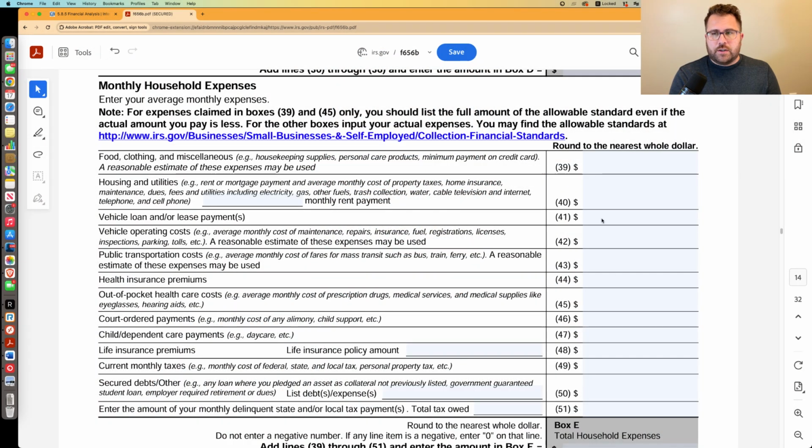What the offer examiner or offer specialist is probably going to do is say, all right, you pay a $5,000 mortgage, and we're not going to let you put $5,000 on this line here. We're going to say that because you make 10% of the household income, $1,000 over $10,000, you could only put $500 there.